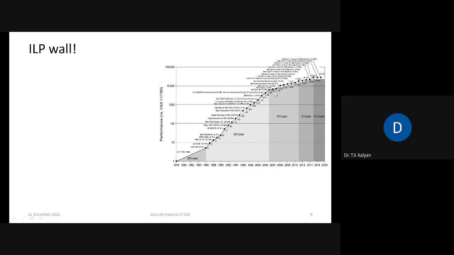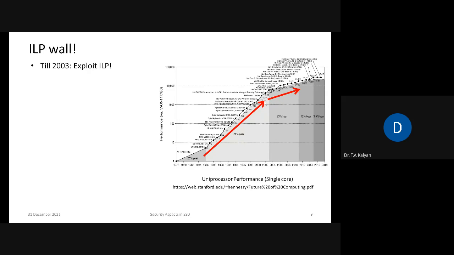Again, it is overlapping with the power wall issue, right? For nearly 2.5 to 3 decades, we were experiencing 52% performance increment with every generation. But after that, it has tapered off. It has a link with the power aspect, but also with the performance aspect.